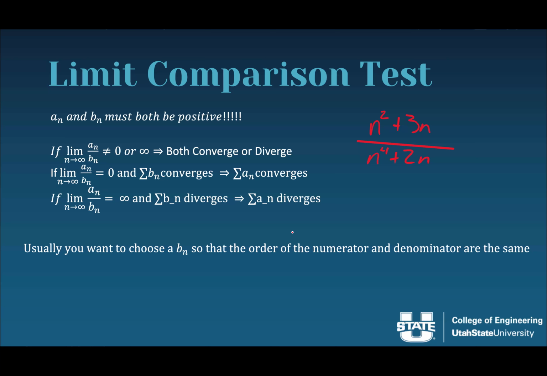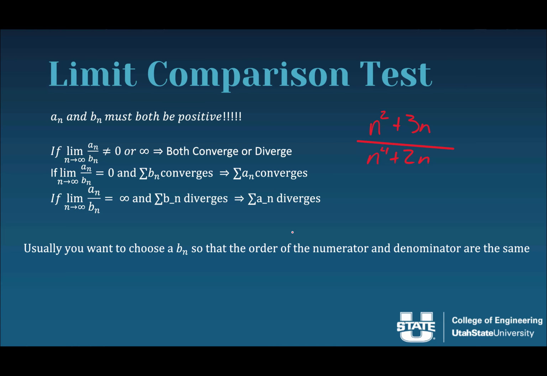Basically what the limit comparison test is saying is that if we take our original series, divide it by the one that we're deciding, and we take the limit and it doesn't equal 0, then they either both converge or both diverge. If it equals 0, then we can say if one converges, the other converges.